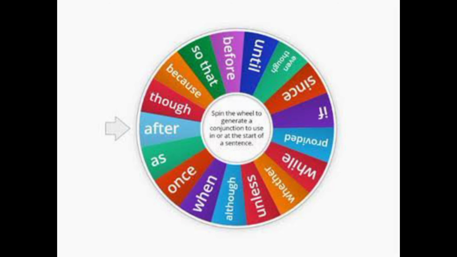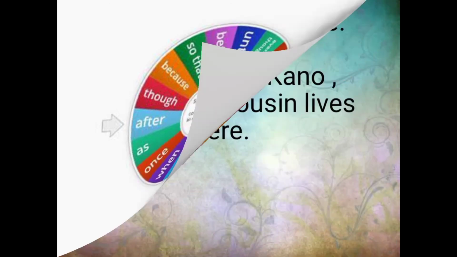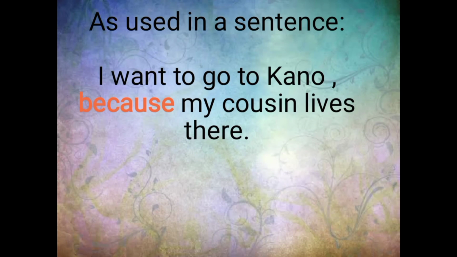Now, as used in a sentence, we'll have: I want to go to Kano because my cousin lives there. This is a very good example of what I was trying to explain to you. If you come to me and say, I want to go to Kano, I understand. But you cannot come to me and say, my cousin lives there.